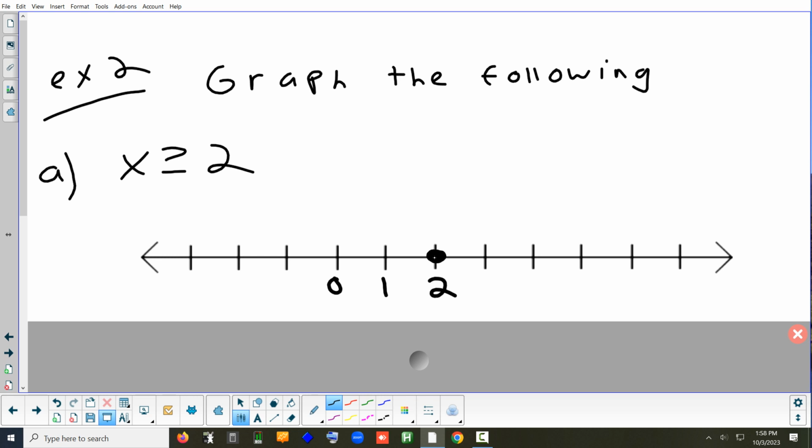Then we have to choose which way we're going to shade. Which way would we shade? To the right. Shade to the right. And that's taking an inequality and changing it to a graph. Any question on it?